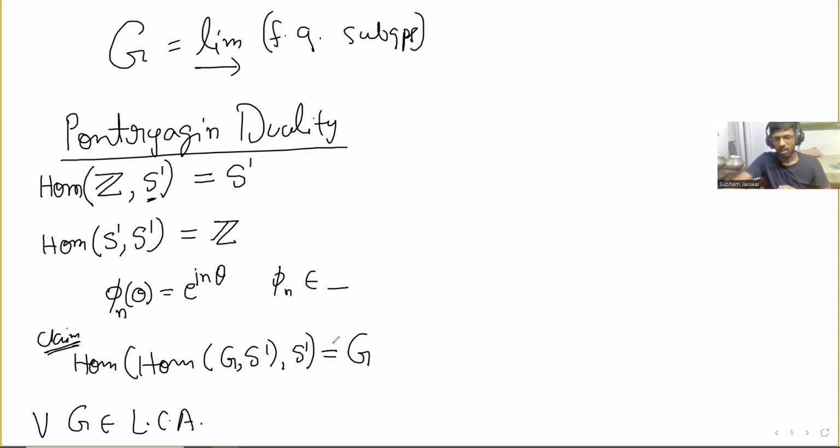But we have this. Now, if you want to prove this, the question would be, for what have you proved this? You have proved it for Z, right? And by direct sums and Hom relations, you prove it for Z to the n, let's say. So this Hom, I will write as Hom into S1 and then Hom into S1 again.